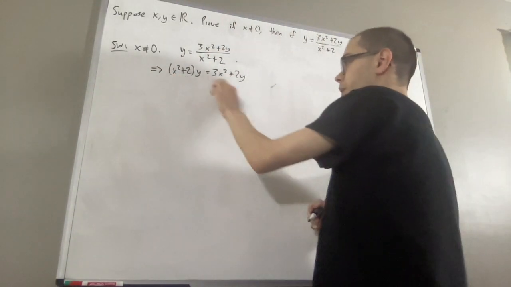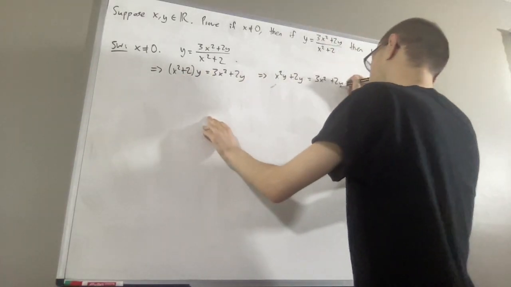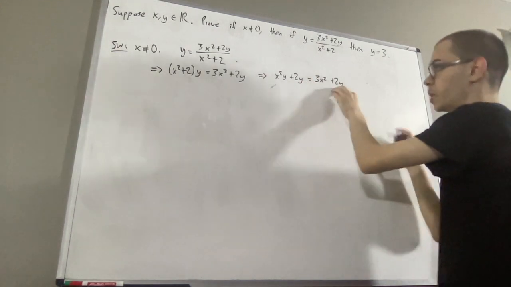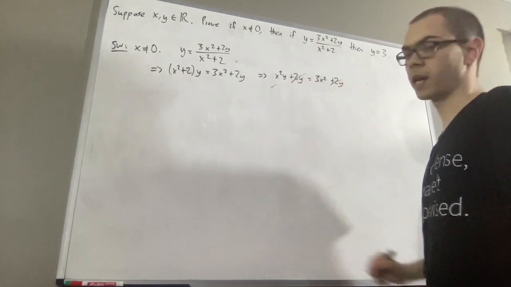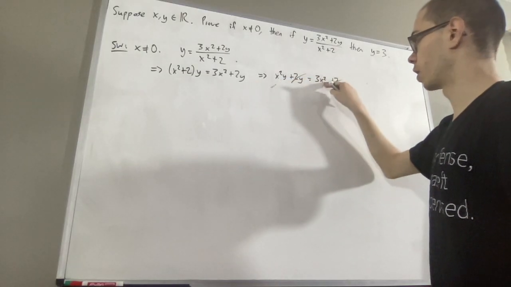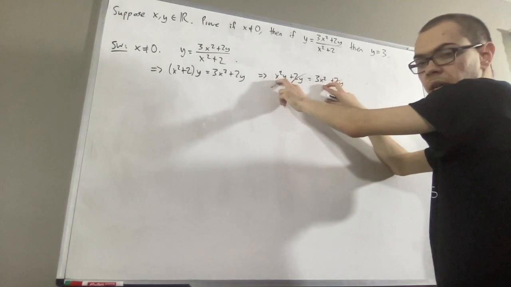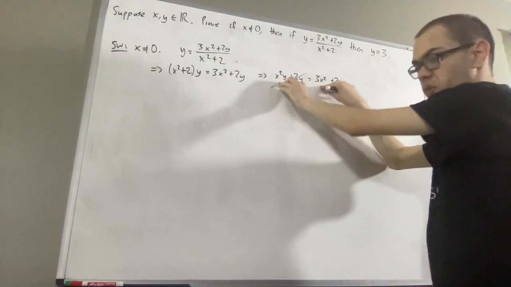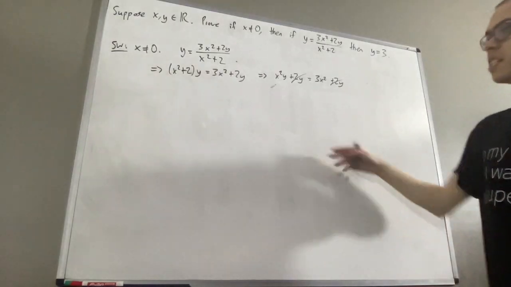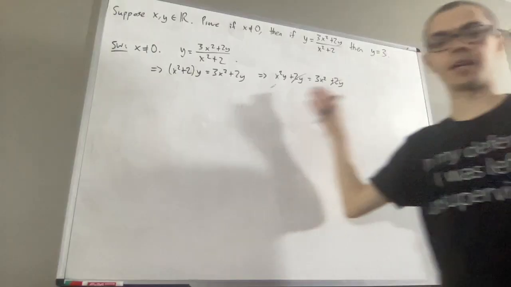We get this, but then if we distribute the y across, you get this, but then 2y appears on both sides of the equation, so you could subtract them and cancel them out. You're left with x squared y equals 3x squared. Then we see x squared appears on both sides, so we should be able to divide x squared on both sides. Since x is not equal to 0, that means we can divide x squared.